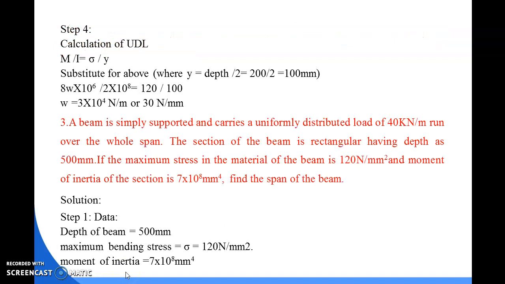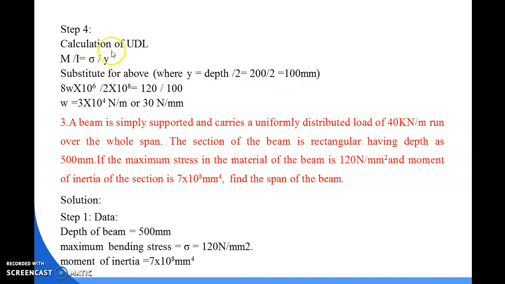Now in step 4, we can find W by putting in the equation of bending, M by I is equal to sigma by Y. As it is a rectangular section, the neutral axis lies at depth by 2, that is 200 by 2, which is equal to 100 mm from the bottom of the beam.